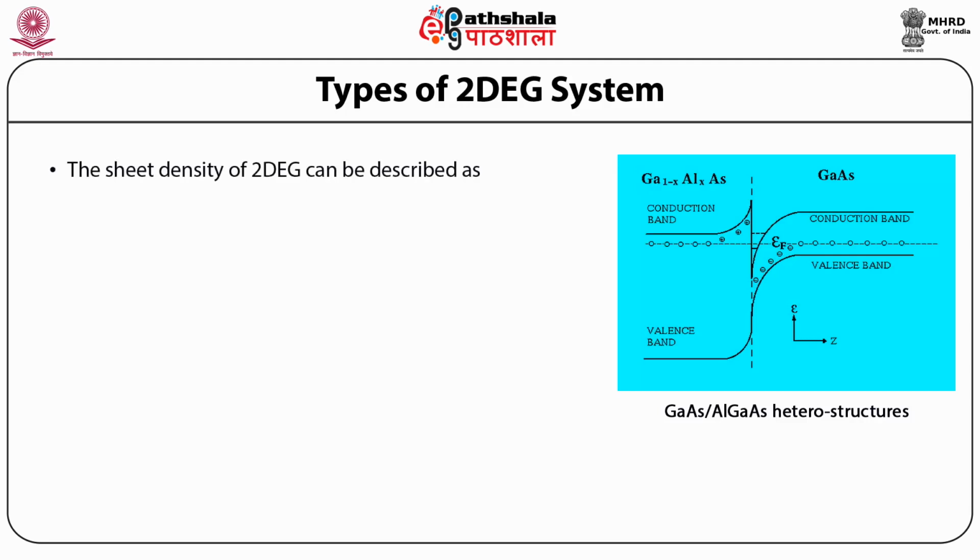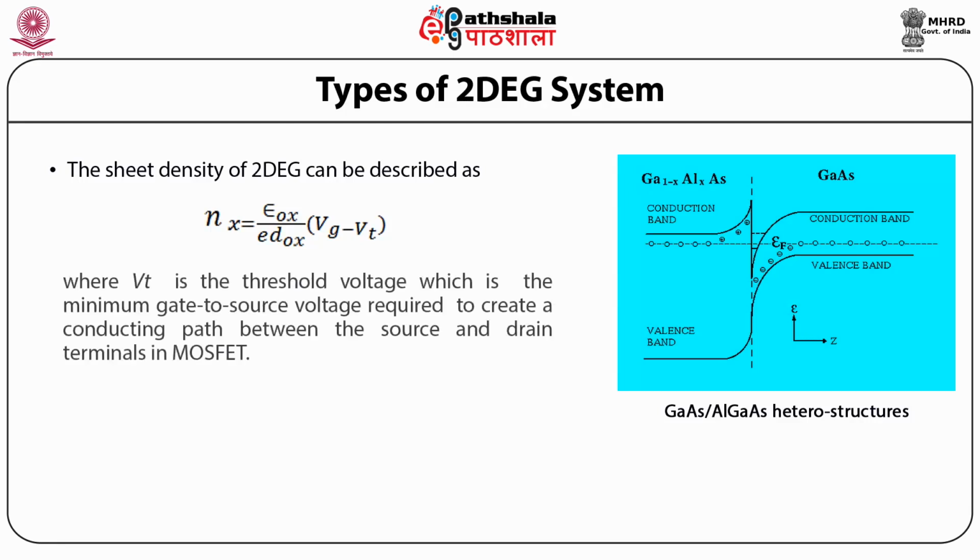So the sheet density of two-dimensional electron gas, or 2DEG, can be described as Ns is equal to epsilon oxide by e d oxide multiplied by Vg minus Vt, where Vt is the threshold voltage, which is the minimum gate to source voltage required to create a conducting path between the source and the drain terminals in a MOSFET.